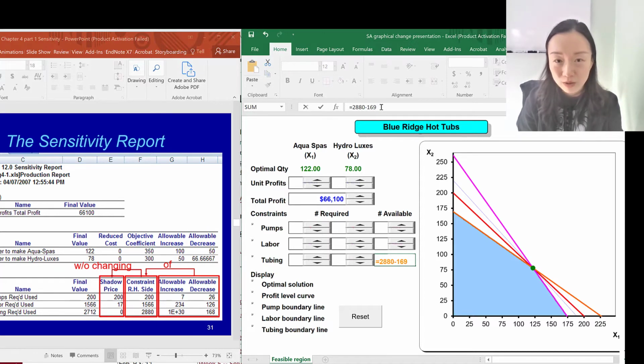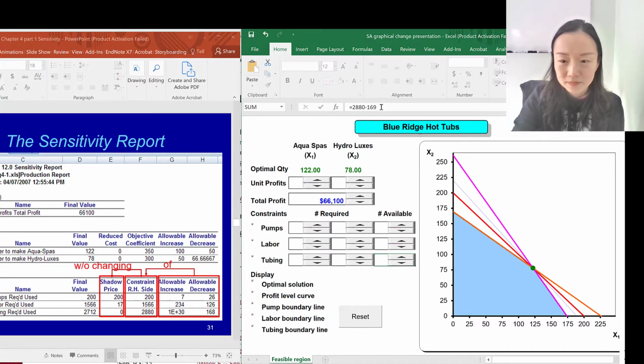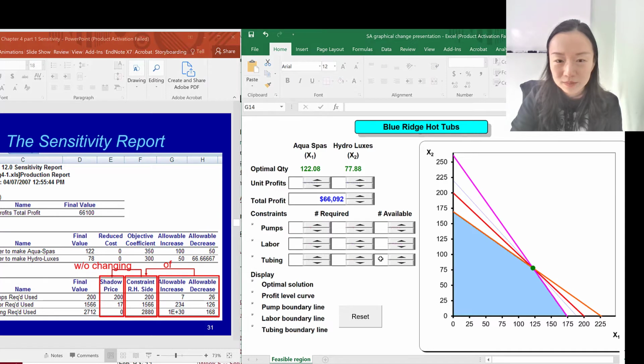Can you think about what will happen? Do you see what happens? It's not really obvious. So let's just decrease a little bit more so it looks more obvious to you.